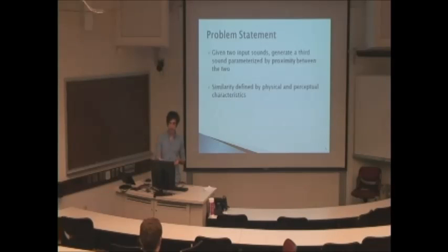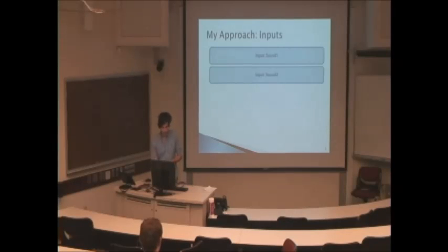And in this sense, proximity is some degree of similarity, which is mathematically defined, but most importantly, it still embodies a lot of perceived characteristics. And so the input that I've implemented on a high level looks like this.